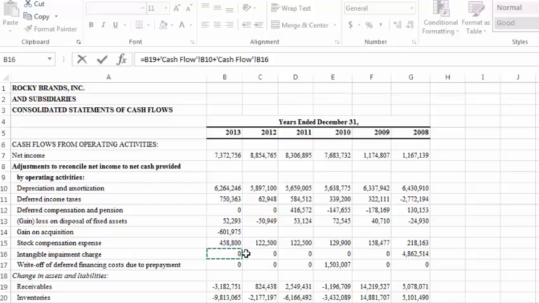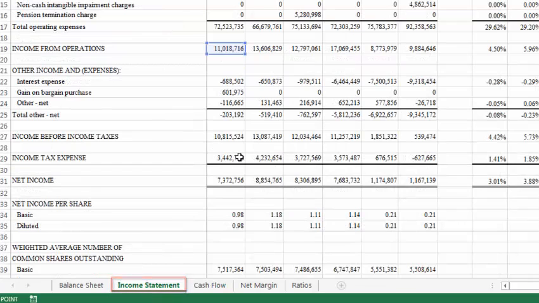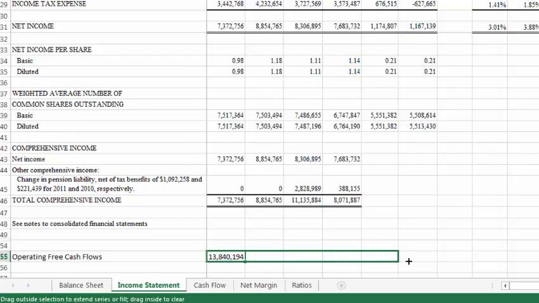Okay, so there we go. And then it says I should subtract out the actual tax. So I'm going to go back to the income statement and grab that income tax expense and hit enter. And then I'm going to pull that one across.